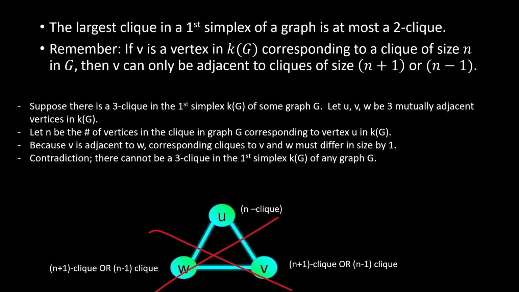Regardless, they differ by only 0 or 2 vertices, contradicting the fact that they are adjacent. And so there cannot be a 3-clique in a simplex graph. Since all higher cliques would have to include a 3-clique, the largest possible clique in a simplex graph is a 2-clique, which is just an edge between two vertices whose corresponding cliques in the original graph differ by the presence of a single vertex.